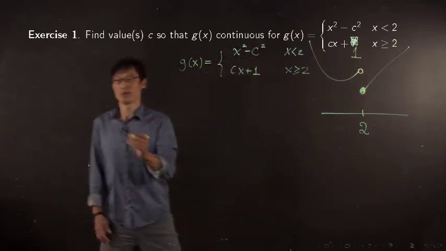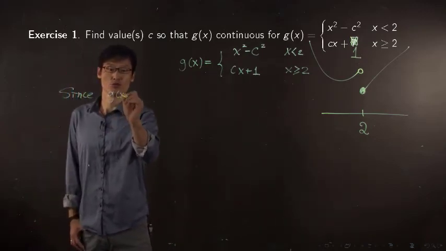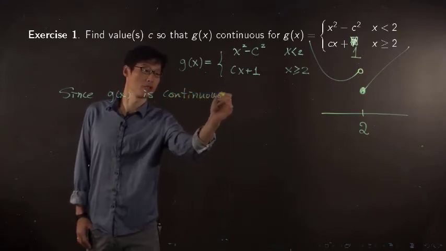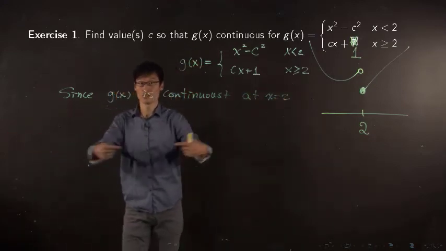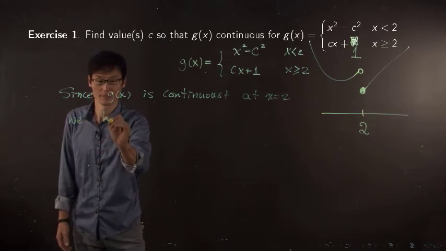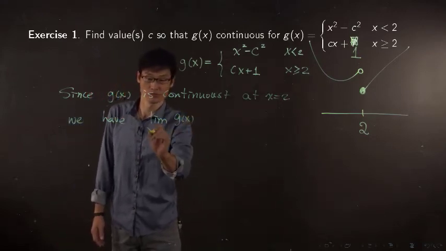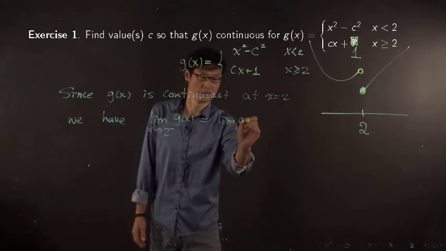Okay, so we want g to be continuous. If g is continuous at x equals 2, the two one-sided limits must agree, from the left and from the right.